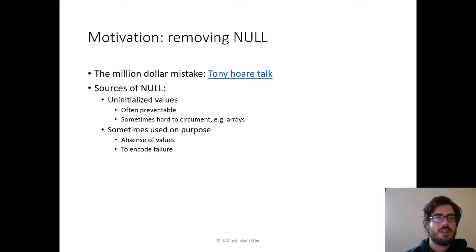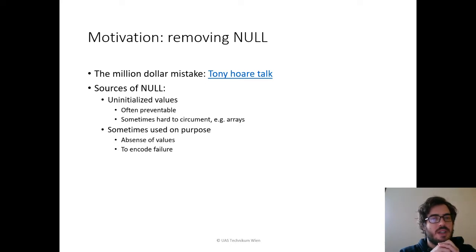Sometimes we use a null on purpose, then we forget that we used it on purpose and we get a null reference exception. We would like to get rid of this. There's also another case where we use null to encode failure. This is more from the C world, where null is often used as an encoding for something which has not worked.